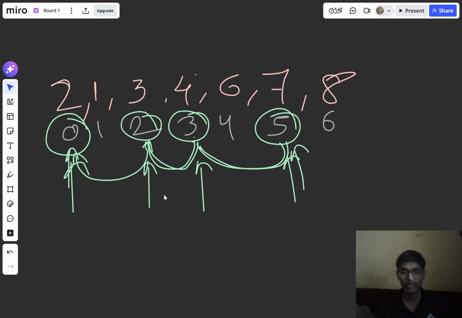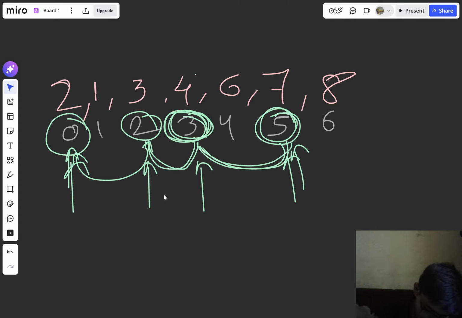So any number present at any of these indices can go to the 5th index, 2nd index, 0th index or 3rd index itself. These can be the possible positions after swapping the indexes. These are linked to each other, like a graph-like situation.